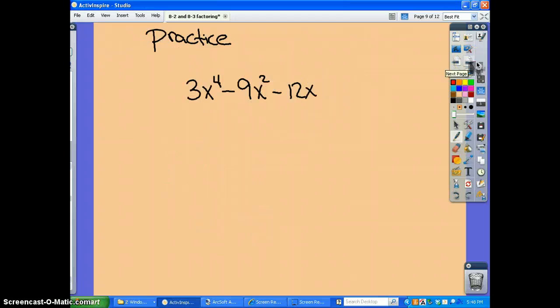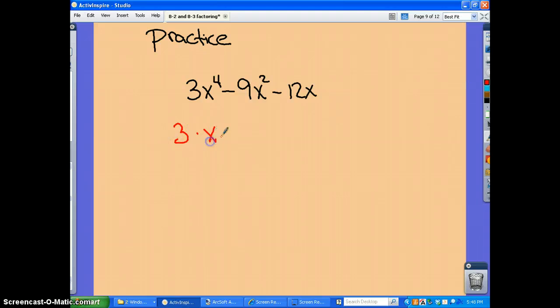You've got 3x to the 4th minus 9x squared minus 12. Well, in this case, I have 3 times x times x times x times x. Then I have the negative 9.